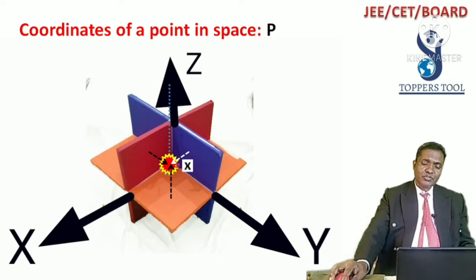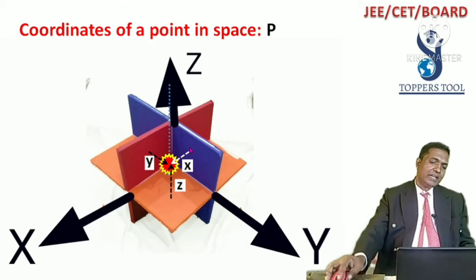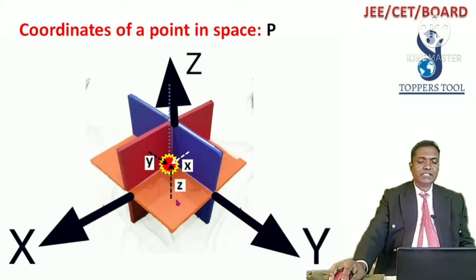This distance is called x, meaning distance from this yz plane. Distance of the point from this plane is called x, meaning it is along the x-axis. Similarly, distance of this bulb from the xz plane is along y. This is called the y coordinate, and distance of this bulb from the floor is given by z. It is along the z-axis.